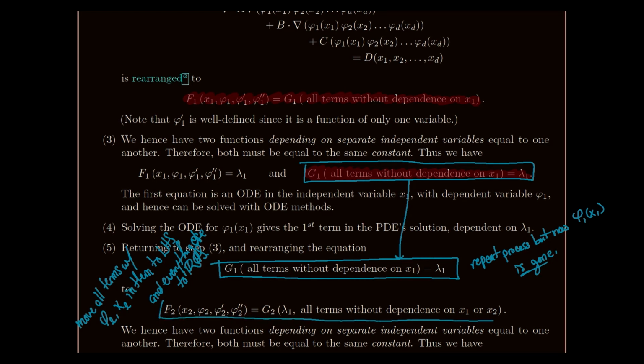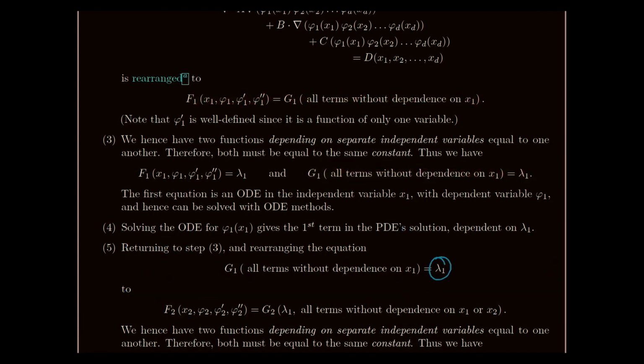I move everything with dependence on x2 or phi2 to the left, and everything else to the right-hand side. Now the right-hand side will depend on lambda 1, right? Because if I push everything but x2 and phi2 to the right-hand side, it will be a function of lambda 1. But everything else in there won't depend on x1 because I already got rid of x1 up here. And it's not going to depend on x2 because I moved everything with x2 to the left-hand side.